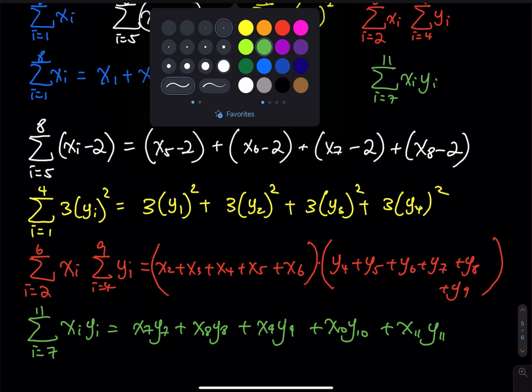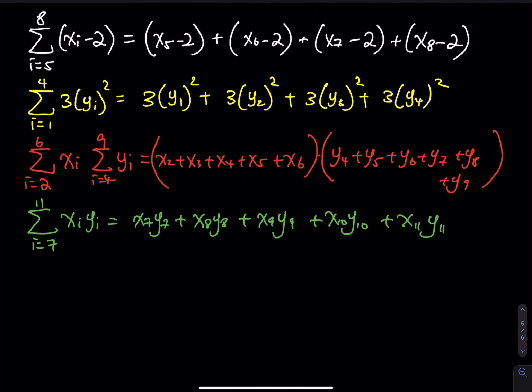So let me give you just one more. Let me make up another one. Let's say summation, i goes from 4 to 10, and then what do you want for the x? How about xi divided by yi?